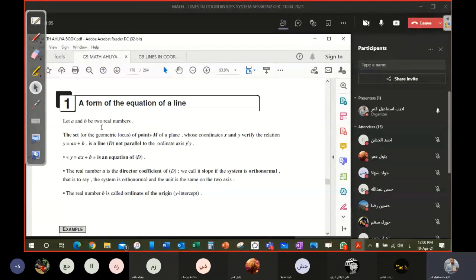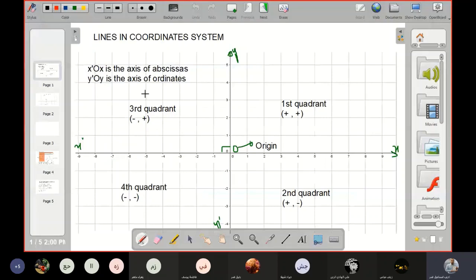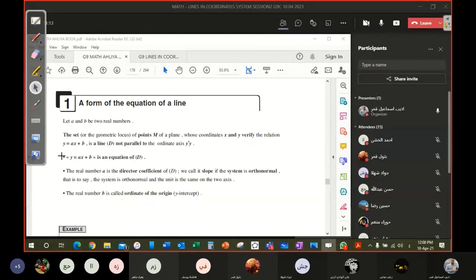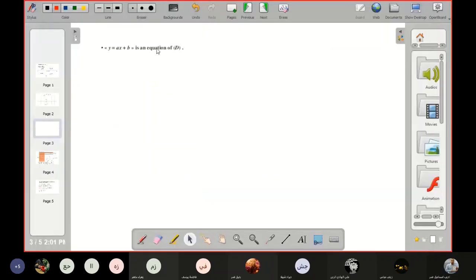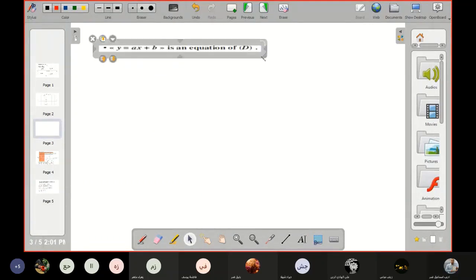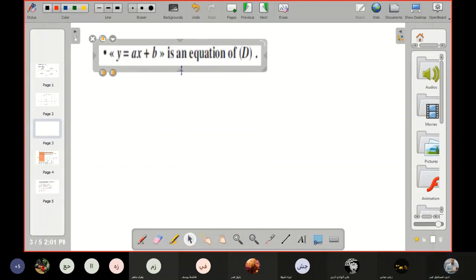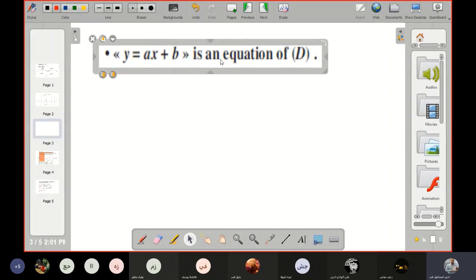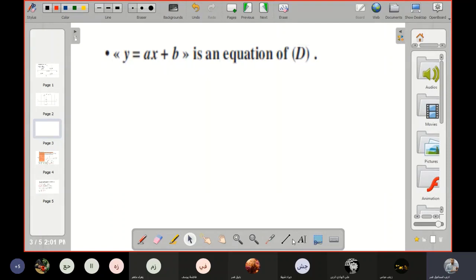Let me add this one to the board. So y equal ax plus b is an equation of line D.